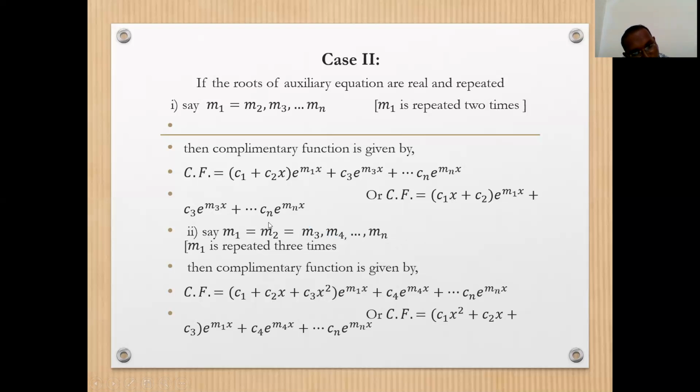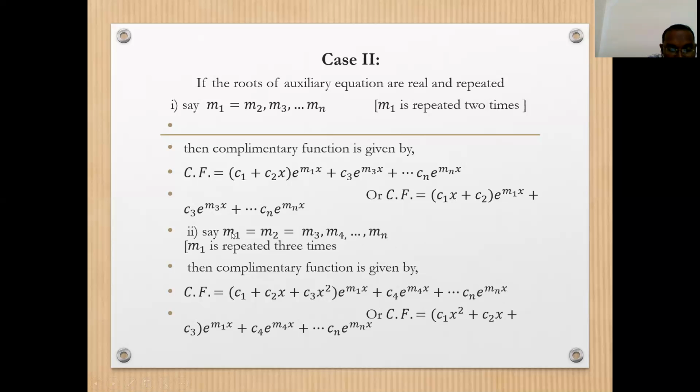So, corresponding to these roots of the auxiliary equation, the complementary function is equal to c1 plus c2x plus c3x square into e raised to m1x. This is for the repeated root. If the roots are real and distinct, we write like this, because here m4, m5 up to so on are all real. Corresponding to these roots, we have written c4 e raised to m4x plus and so on cn e raised to mnx.